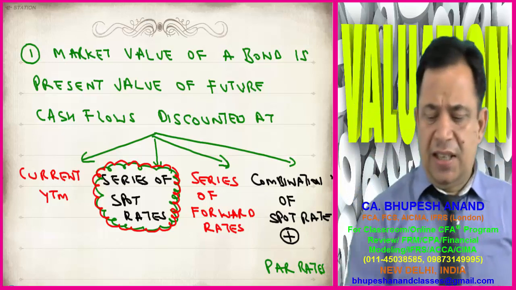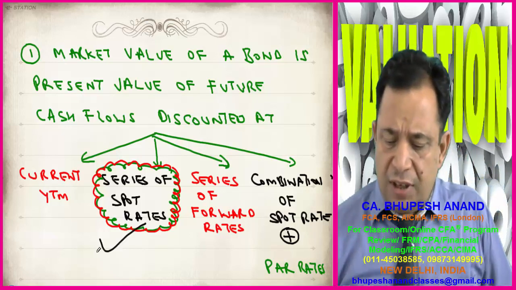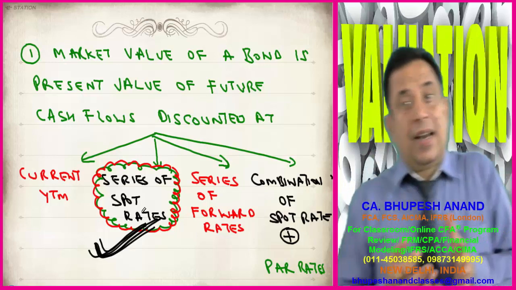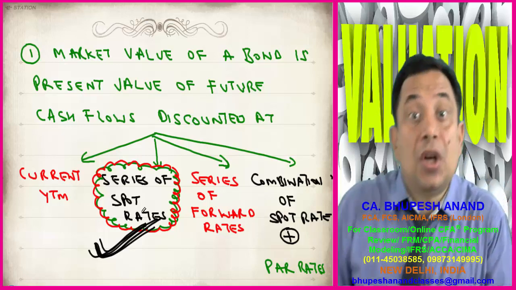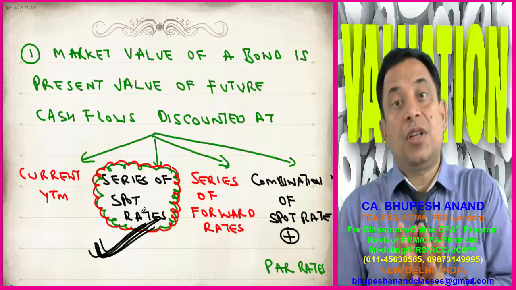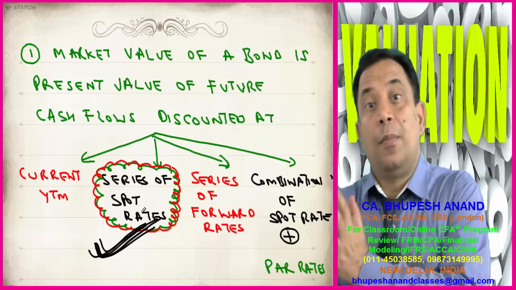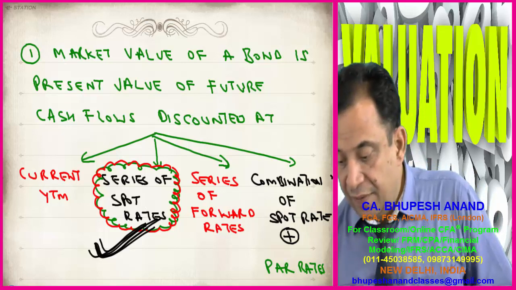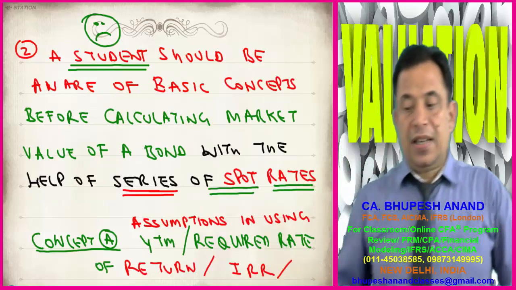So in today's lecture, I will cover what is the meaning of spot rates and how we interpret that. Firstly, we should be aware of what a spot rate means, and what the procedure is for calculating the value of a bond with the help of spot rates.